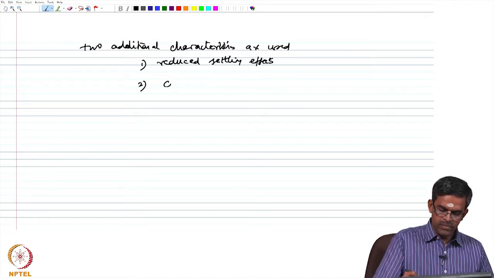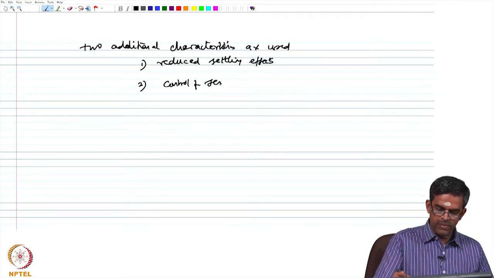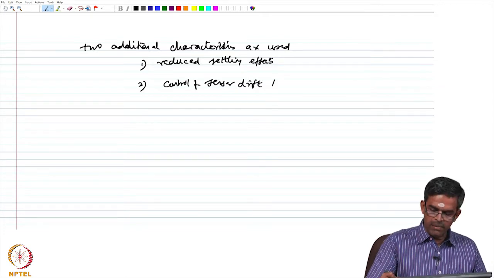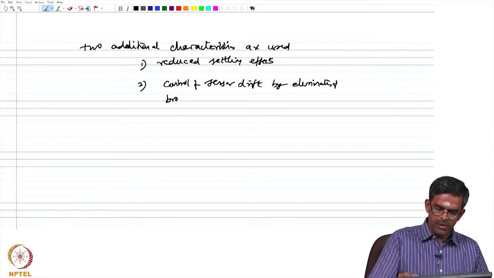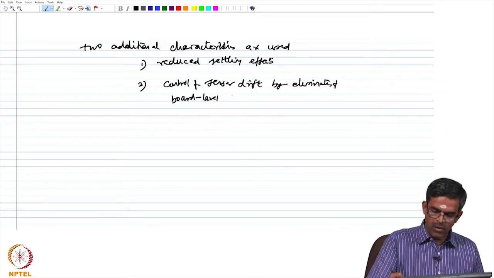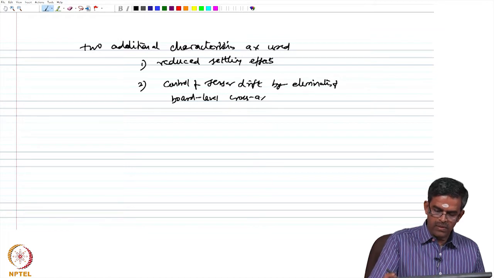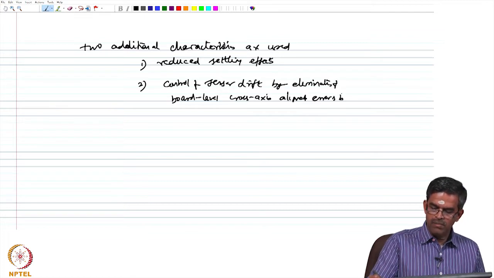Further, control of sensor drift by elimination of board level cross axis aligned errors between the sensors.